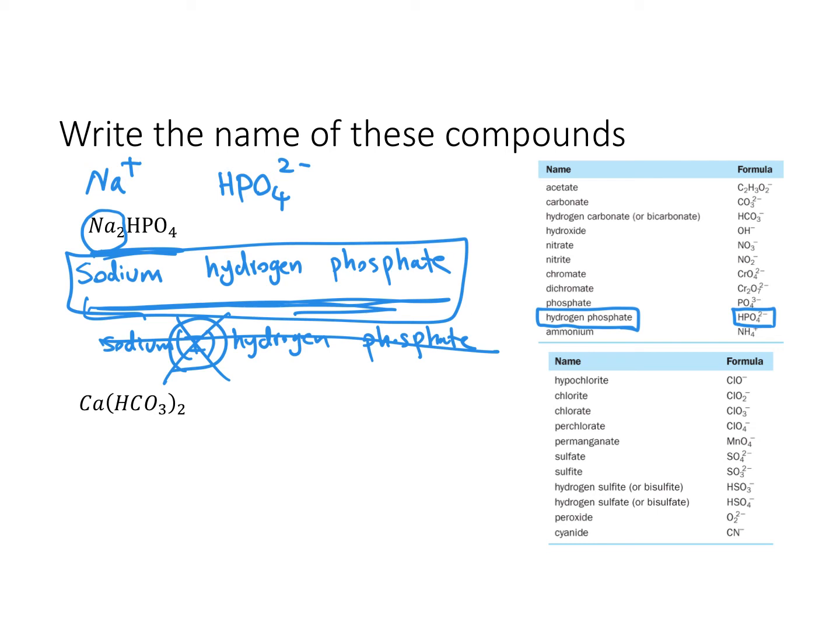Curious with the HPO4, how do we know it's 2 minus other than it says it over there? Is there a way to know that HPO4 is 2 minus? In the same way that, for instance, group 7A gains 1 electron, chemists did experiments in the laboratory, and they realized that this polyatomic ion, HPO4, this unit, tends to gain 2 electrons. One way to learn that is going to the labs and doing experiments.